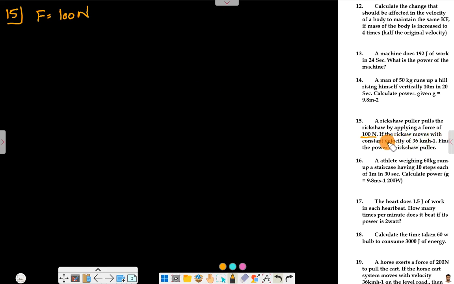If the rickshaw moves with a constant velocity, look, it is mentioned as constant velocity. First of all, the velocity's value is 36 kilometer per hour. It is in kilometer per hour. We have to convert it into meter per second. So we will do this conversion.